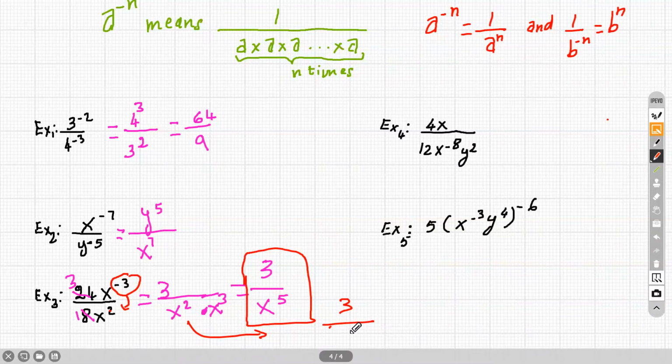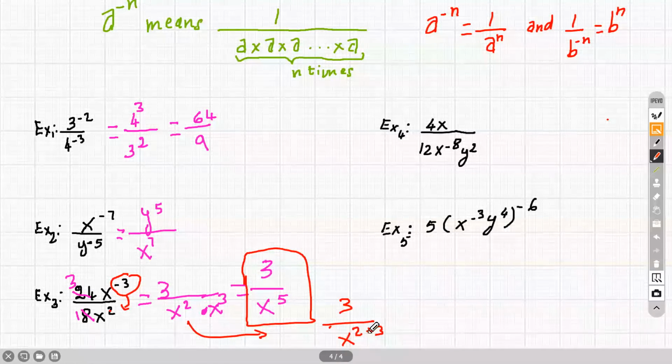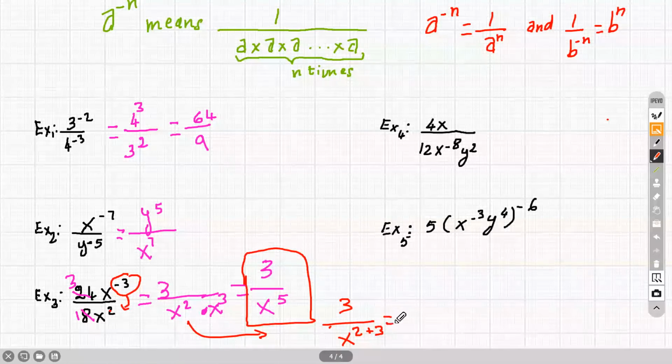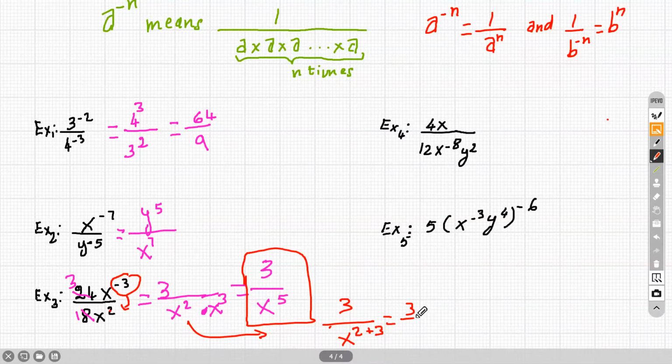So x to the 2 plus 3. Usually this is what you see and not this way. So that would be 3 over x to the 5th power, which is the same as what we got right here. So this is like the shortcut.